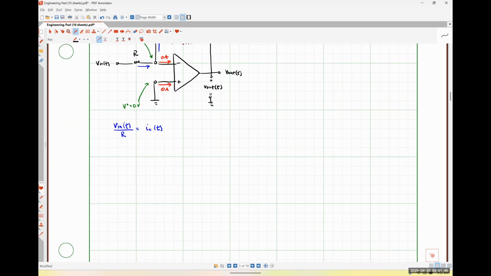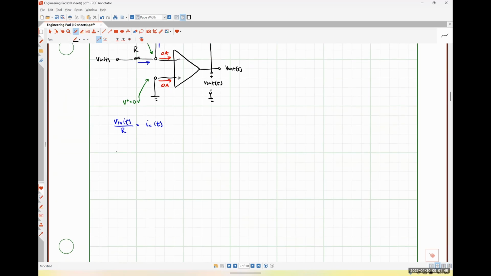So if we observe that Vout is equal to negative VC, we could take this one step further by saying that VC is equal to 1 over C times the integral from negative infinity to t of IC dt.